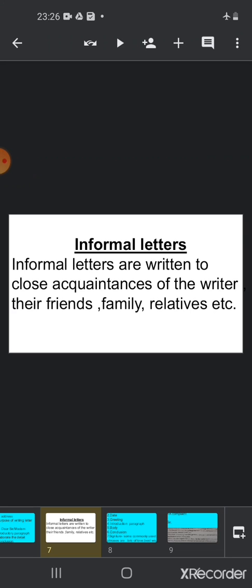Casual language is used while writing informal letters, and sometimes the letters may even have an emotional tone. Informal letters are mainly used for personal communication, so they do not have to follow any specific pattern. It can be written as per the writer's wish and the requirement of the situation.